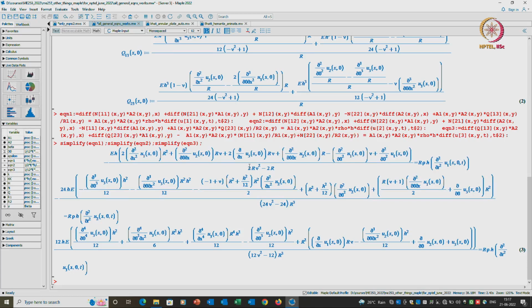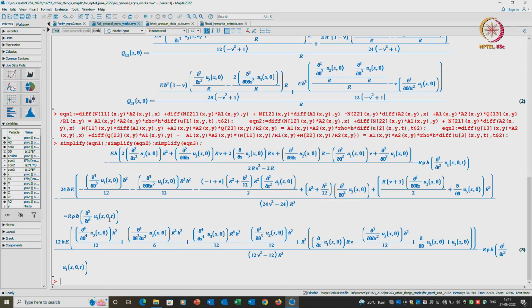I have told you earlier about the ring, which is a one dimensional structure. So this 1 minus nu square goes away, this becomes rho a, and an extra b comes here. So EBH cube by 12 and EA.